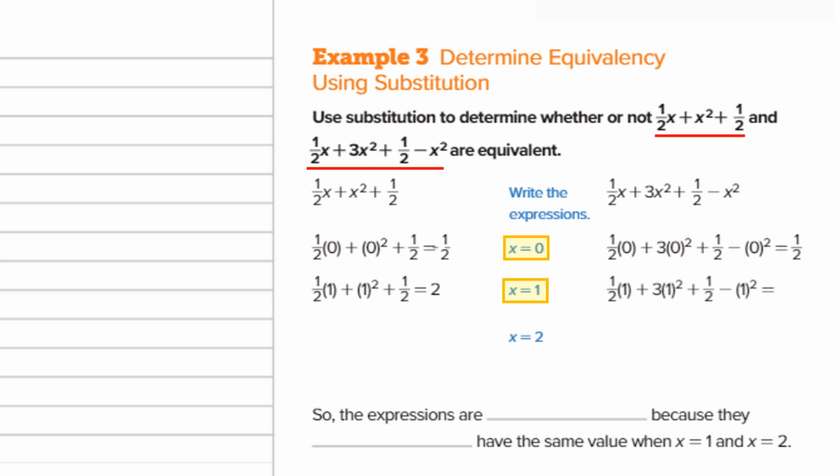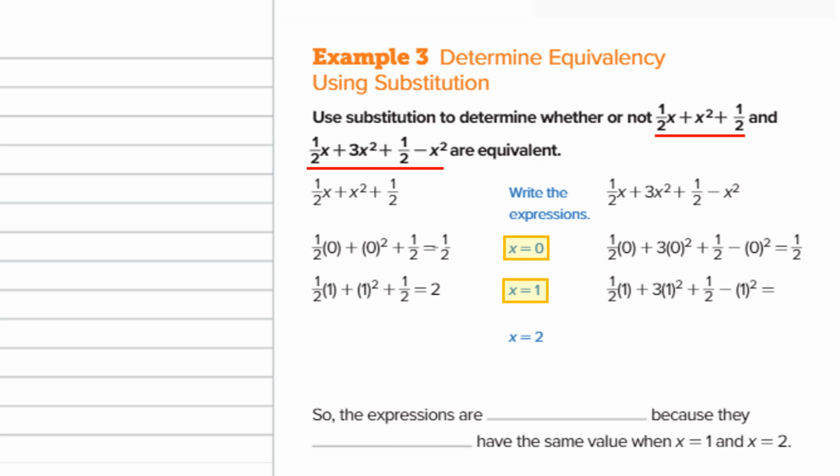1/2 times 1 plus 3 times 1 squared plus 1/2 minus 1 squared. Well, once again, we have 1/2 times 1. That's just going to be 1/2. When I do 3 times 1 squared, I see that the 1 squared is 1 times 1.